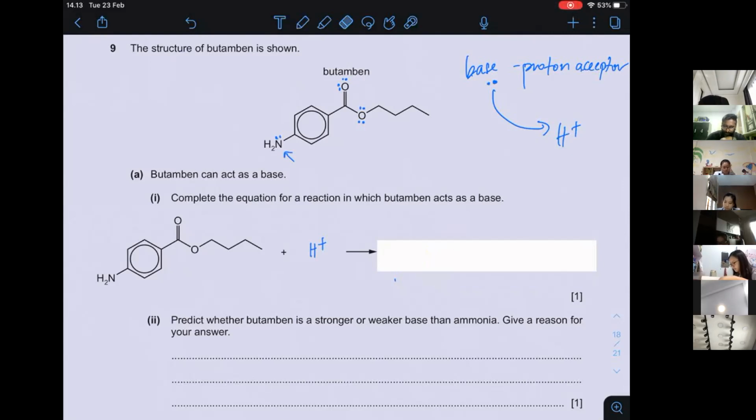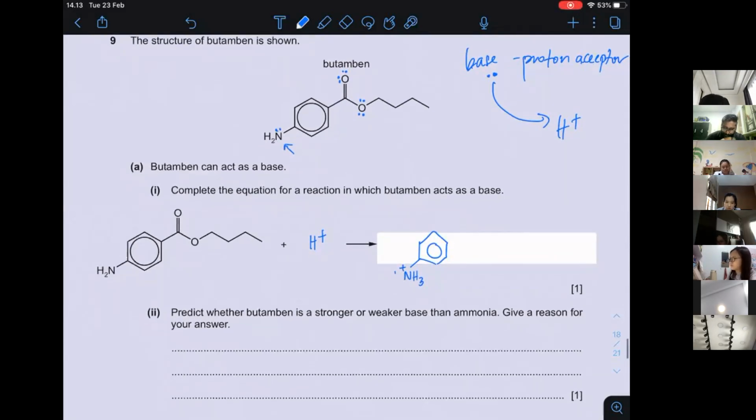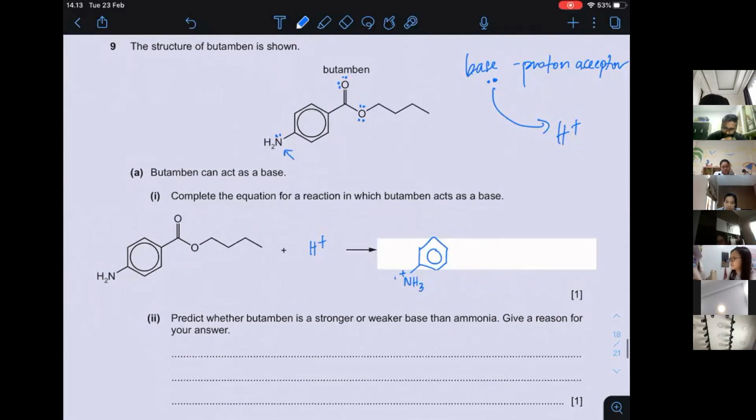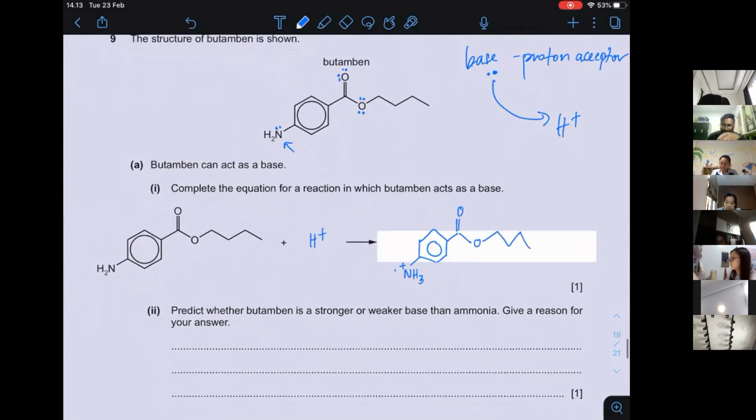NH2 will now become NH3 plus, because H plus came in. And then if I draw the same way, O, like this. This is going to be the equation.